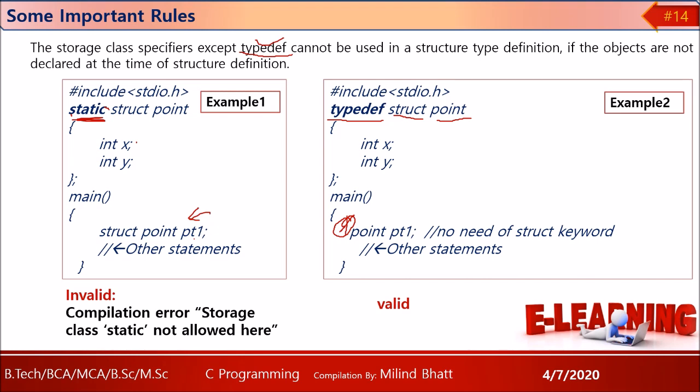Struct point p1, struct point pt1. This struct is not given here, and this is a good opportunity given by C: if I am prefixing my struct with typedef, we get liberty to skip struct at the time of object creation. So it can be called directly by its tag name point and its variable pt1.